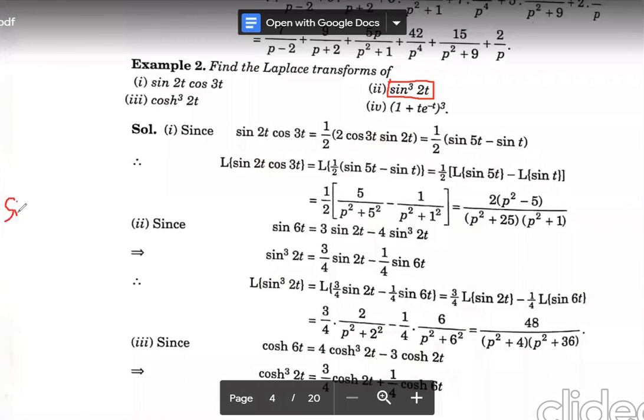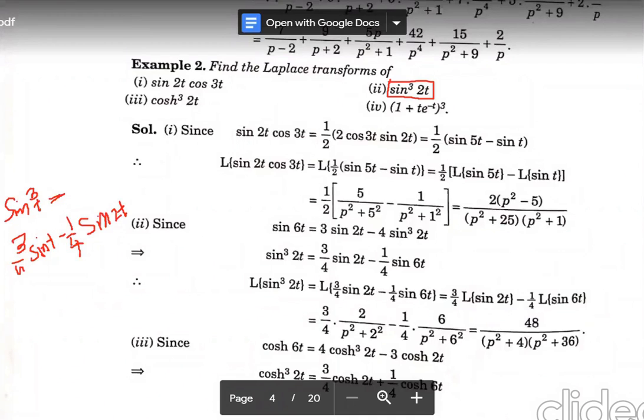The sine cube t formula is 3 by 4 sine t minus 1 by 4 sine of 3t. This is the sine cube t formula.